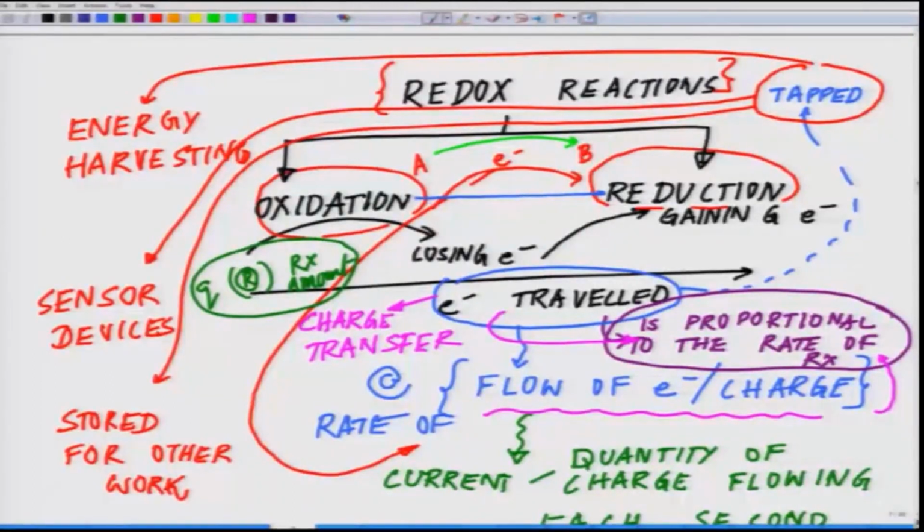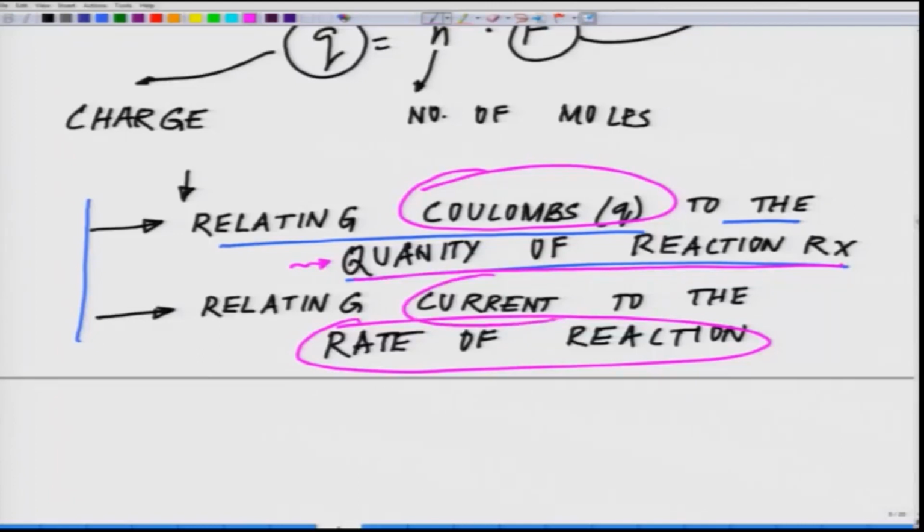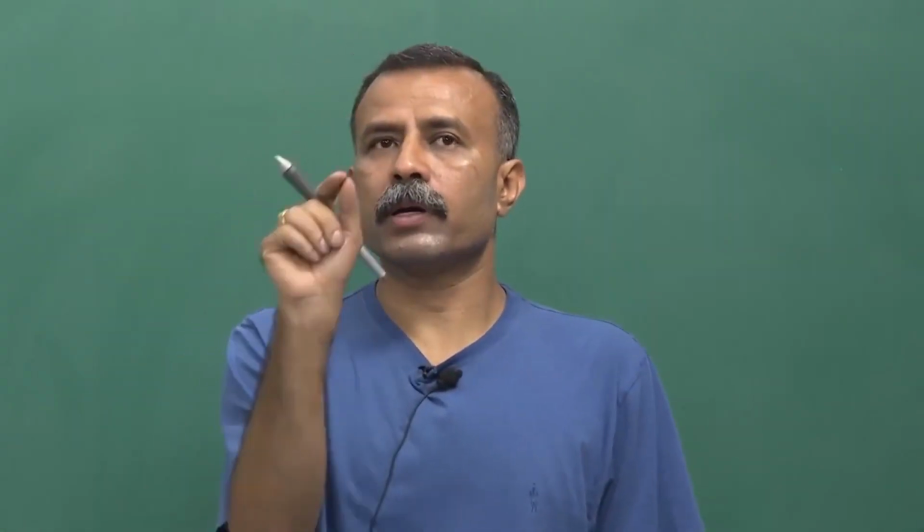So, in other words, quantity of reaction and rate of reaction, that is what I mentioned. Here the quantity of reaction could be correlated with the charge, and rate of reaction could be quantified with the current, because current is the flow of charges per unit time across a point.